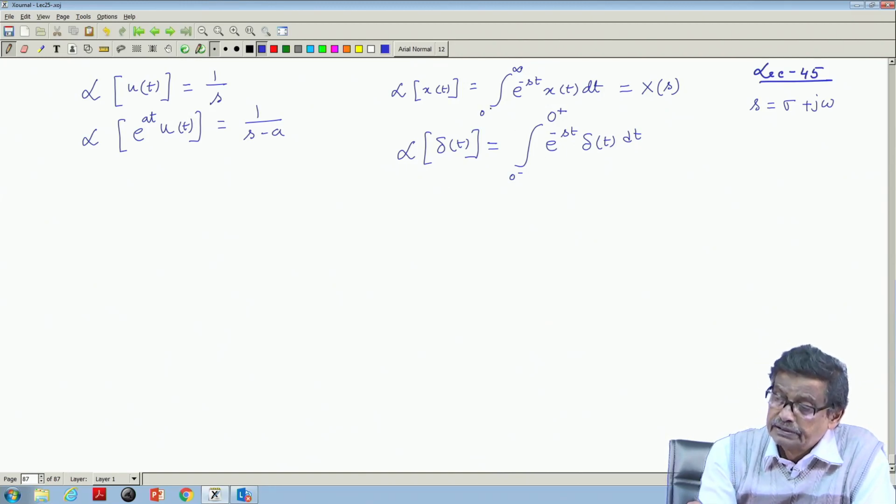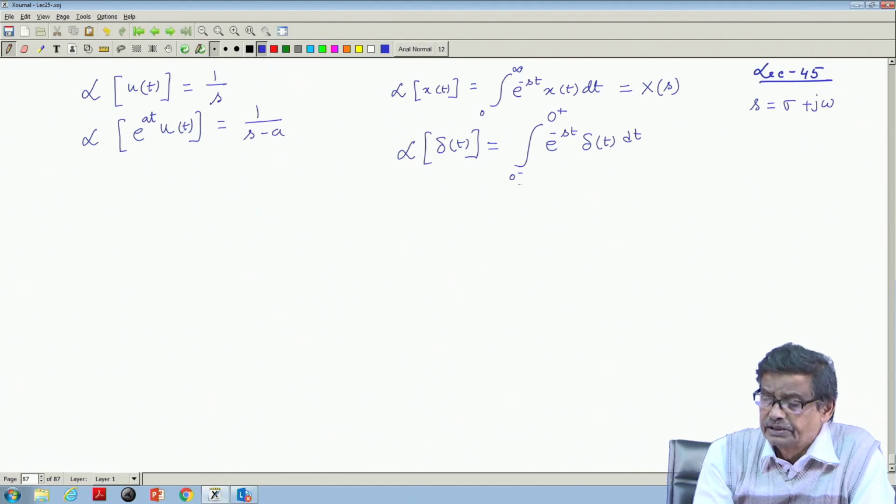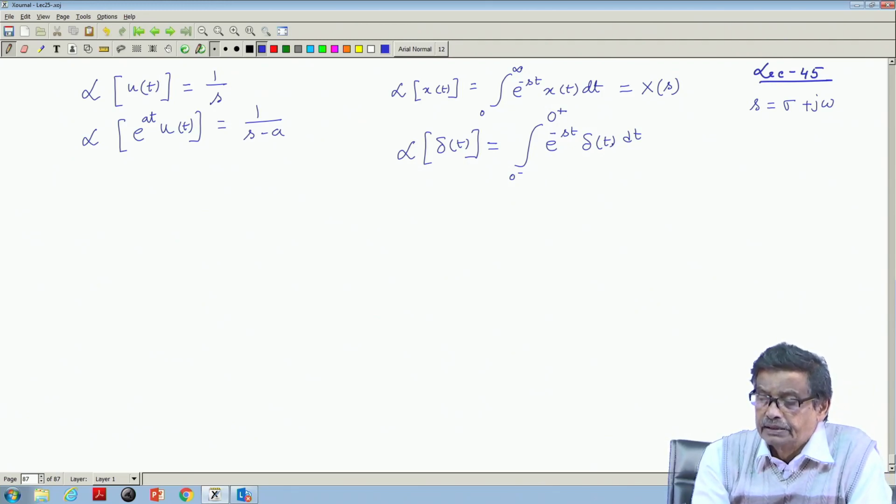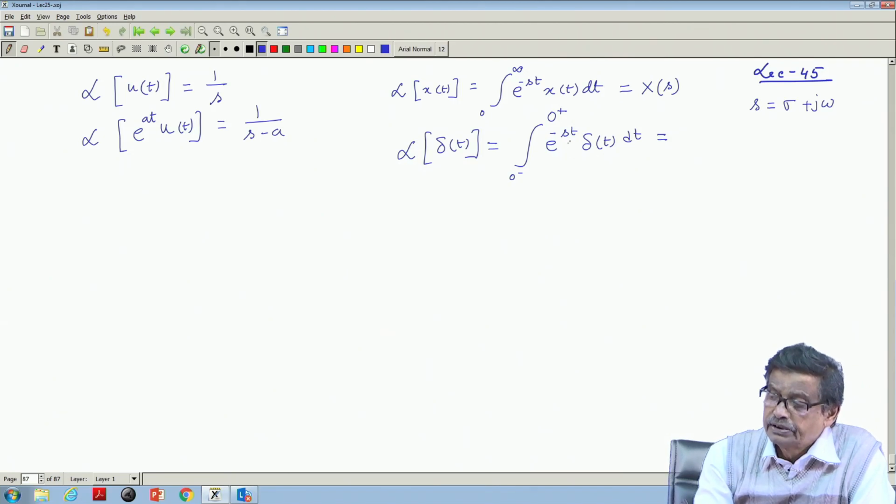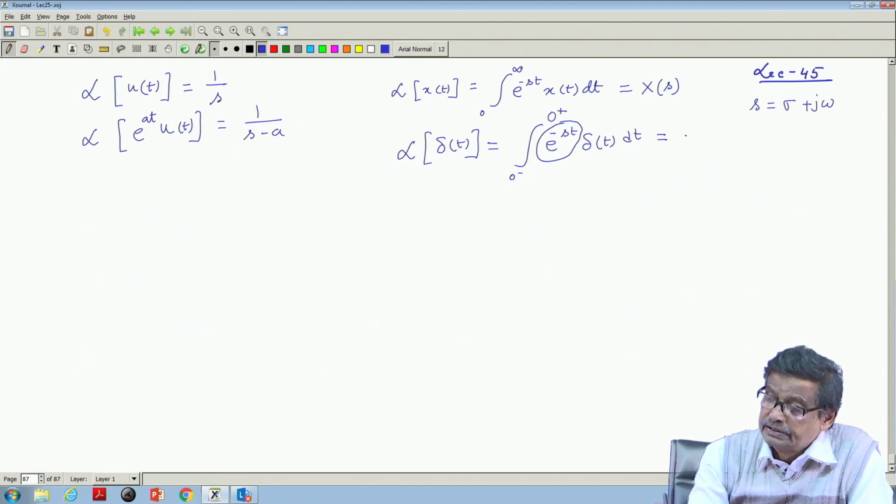So, this integral is essentially from 0 minus to 0 plus, but when you integrate a function multiplied by delta(t), you get the functional value at t equal to 0, which is 1.